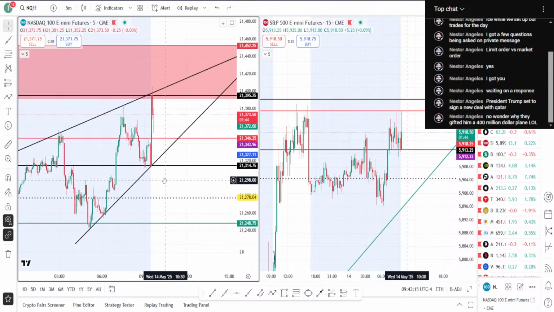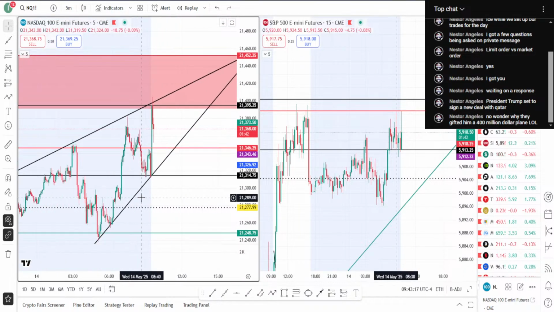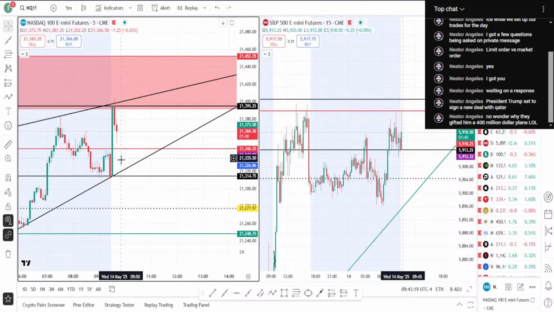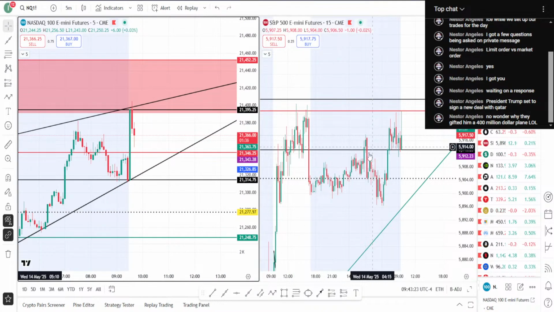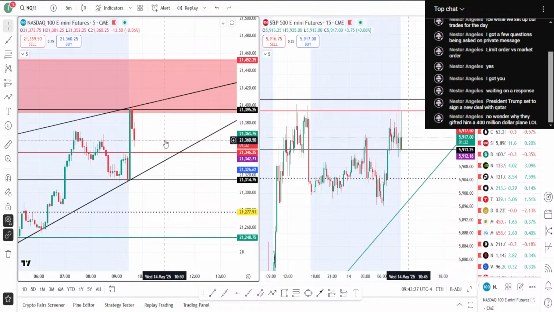Now it's just a waiting game. See what the chart will show us. It's only been two 5-minute candlesticks here, so it's not really much information to go off to make a decision to buy or sell.